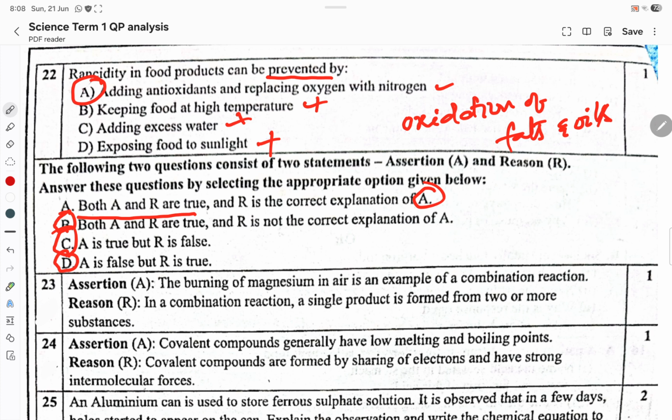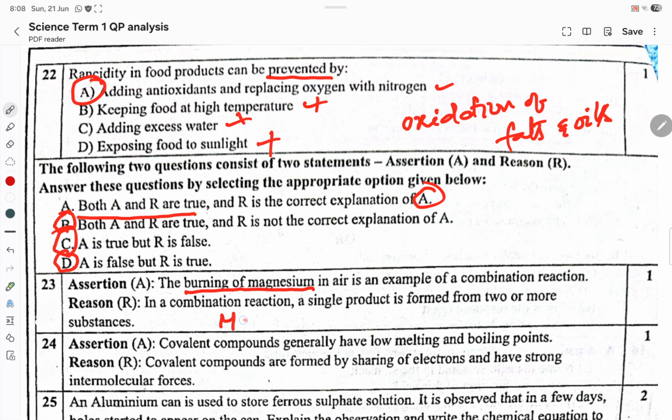Assertion: the burning of magnesium ribbon in air is an example of a combination reaction. Reason: in a combination reaction, a single product is formed from two or more substances. Now let's see the burning of a magnesium ribbon. Burning of any substance is a combustion reaction, it's because of oxidation, right?